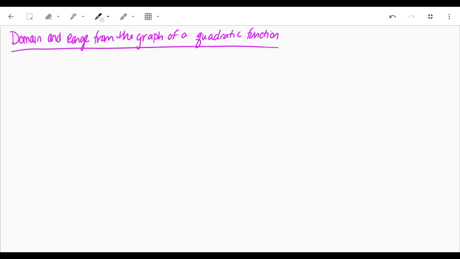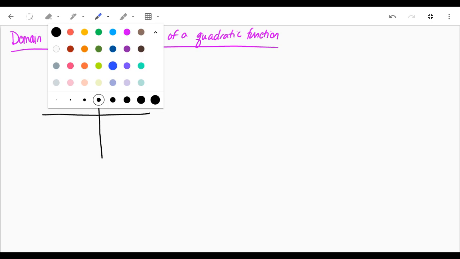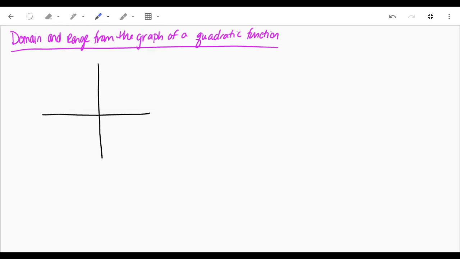So look at an example here. Suppose we have a parabola that opens down and we have the vertex at -1, 2, and it goes through these points and opens down roughly, right?